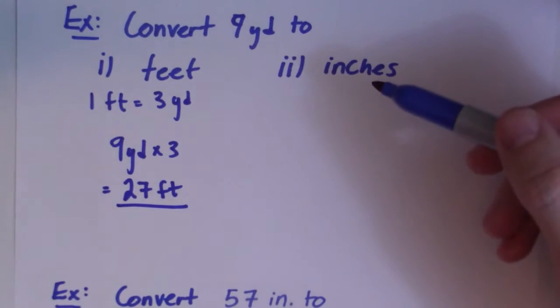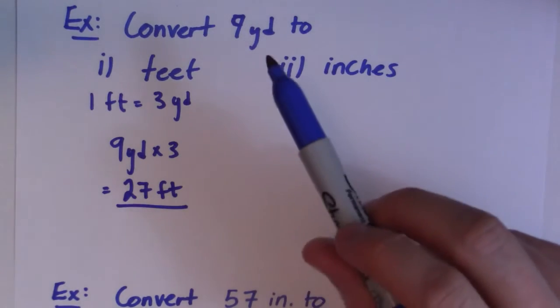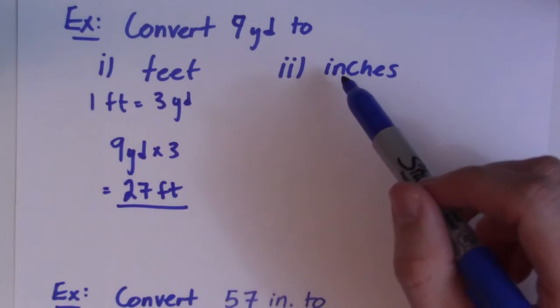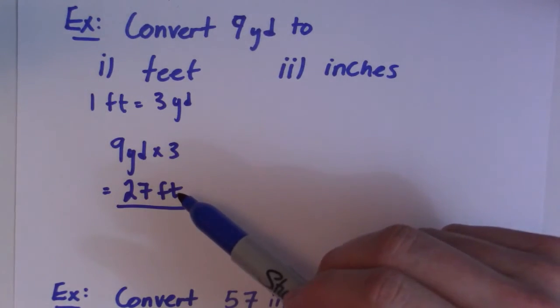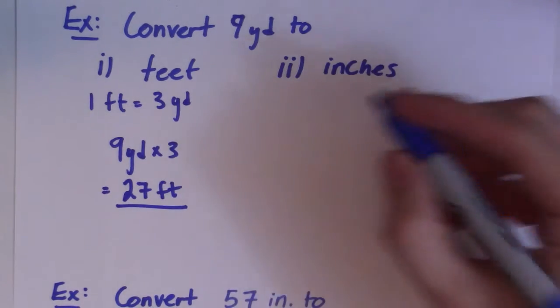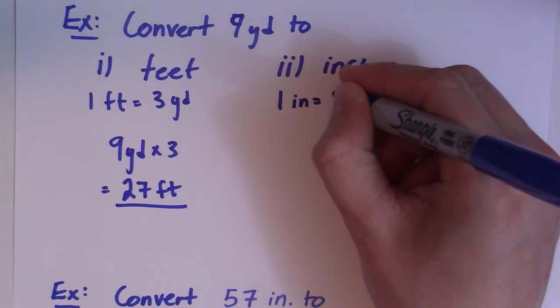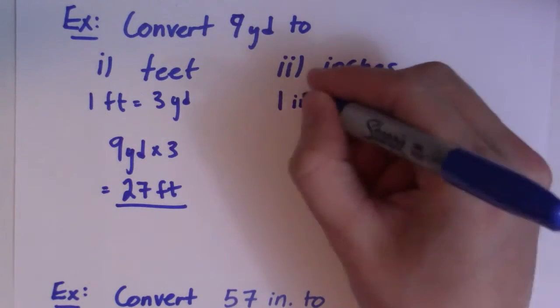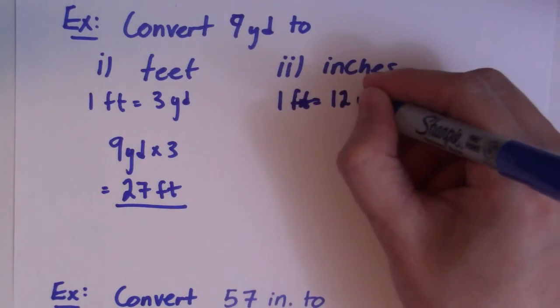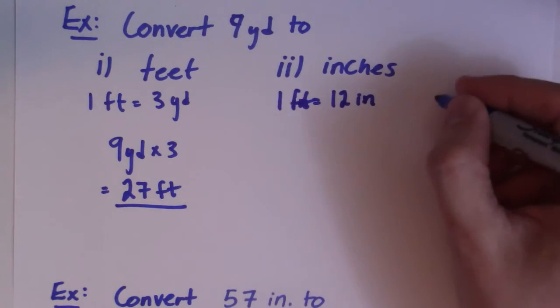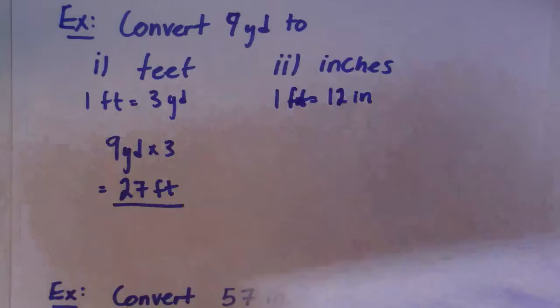Now, if I want to go from 9 yards all the way to inches, it might be better if I went to feet first. So I'm going to use this number, and then I'm going to use the fact that 1 foot is equal to 12 inches. If I have 27 feet and I'm going to inches, feet is before inches on my little chart.